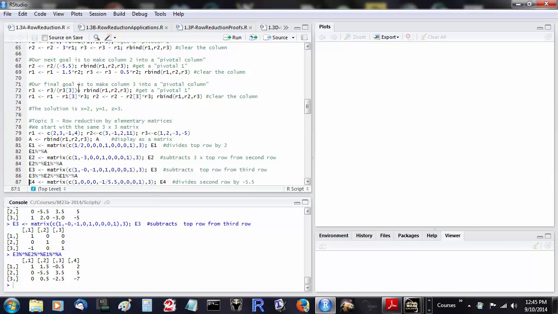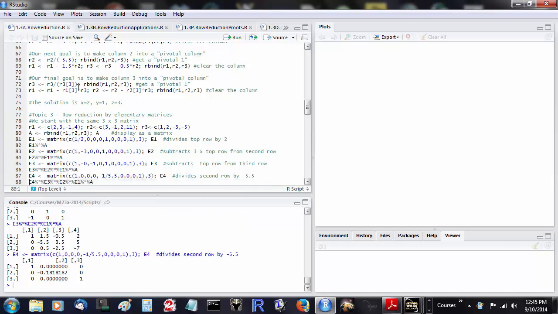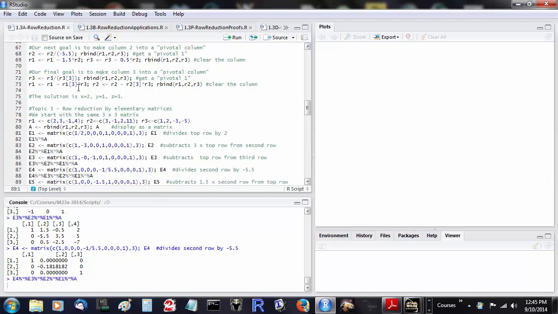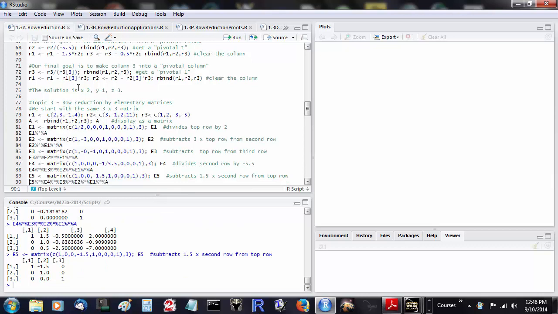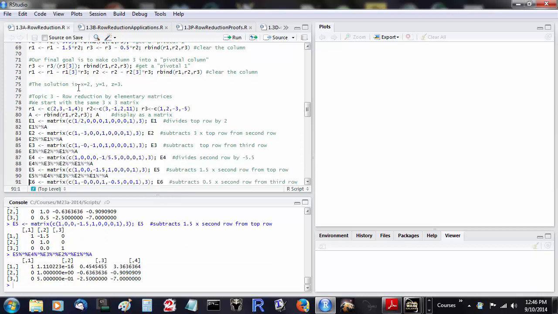The only thing that's being done differently is that I am implementing these row reduction operations by means of elementary matrices. With that in mind, I won't bother reading each one to you. There's another one that divides to make a pivotal entry. Here are a couple more that subtract multiples of the second row from the other 2 rows.